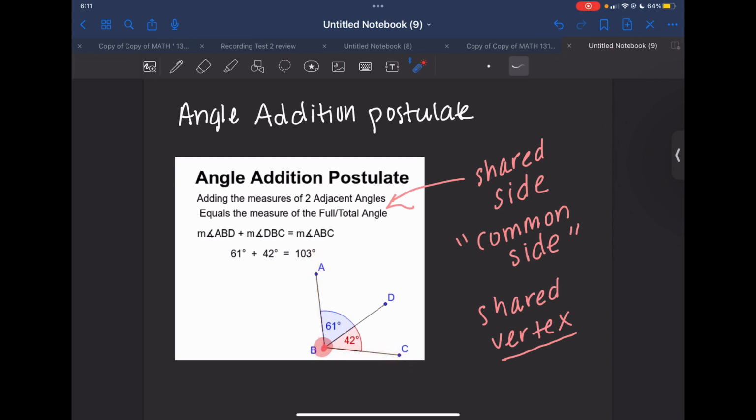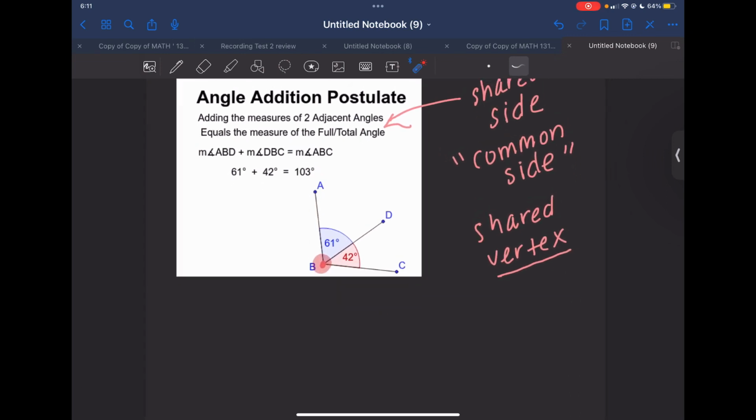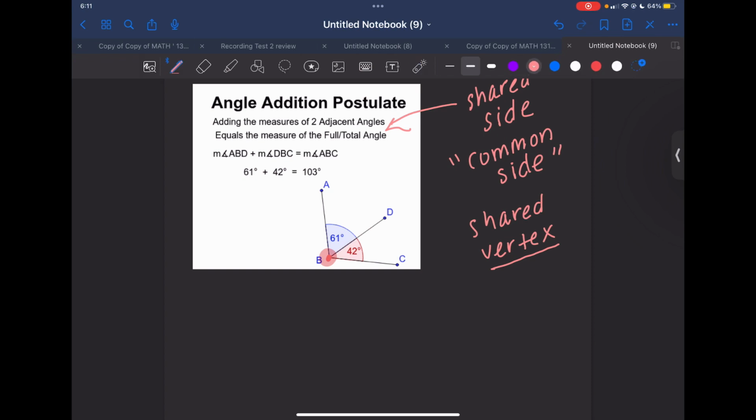What you want to recall, it's already on here, but if we draw them individually, so we're just mimicking what we see up top, A, B, D, and then D, B, C. The vertex is in the center as we write it out.